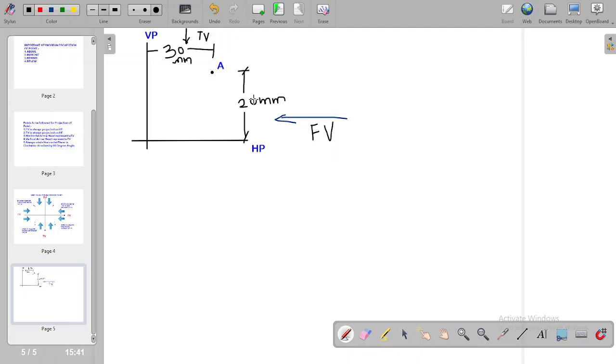This 20 mm distance will be projected on the VP plane. The naming for the front view is A dash. Next, the top view is always projected on the HP plane.